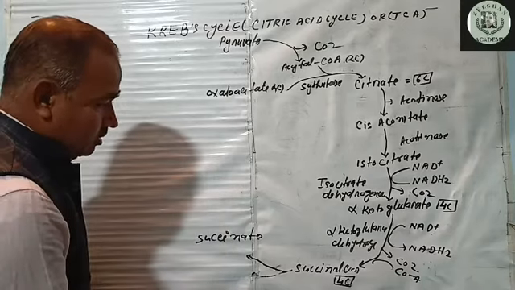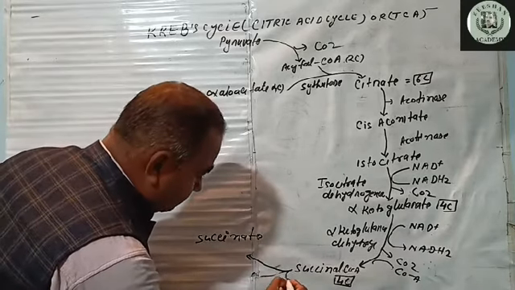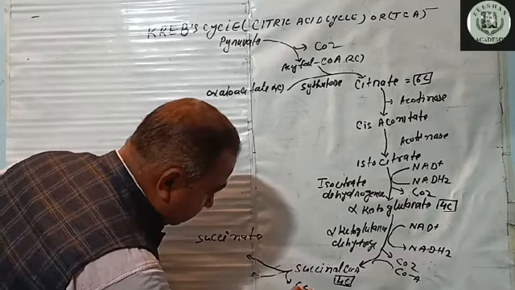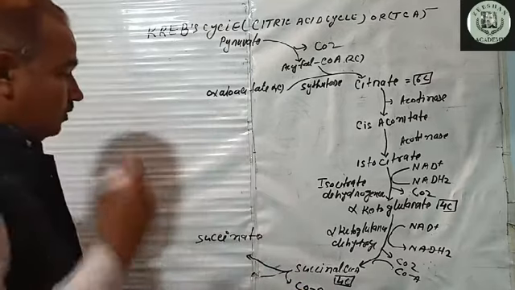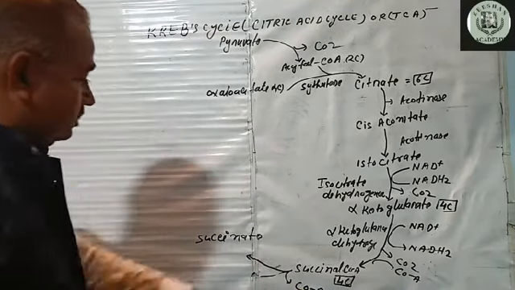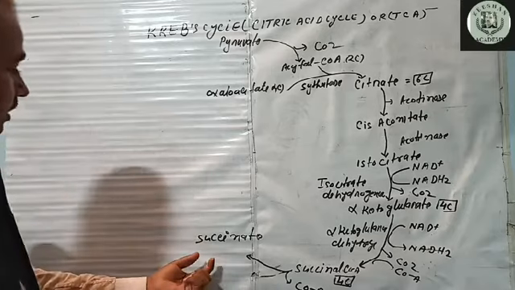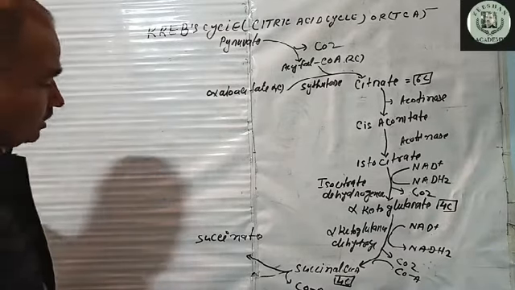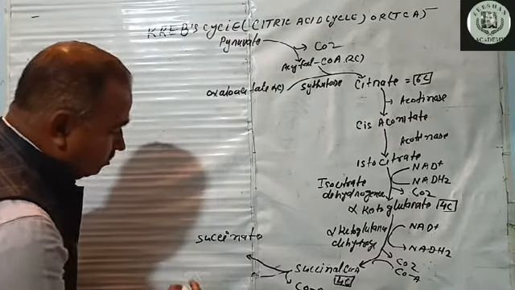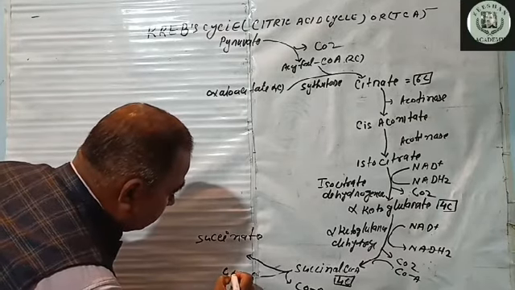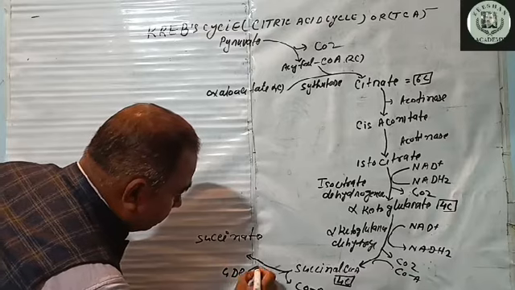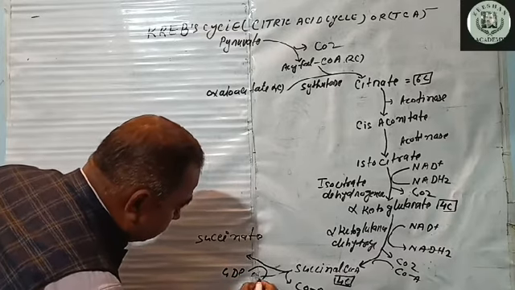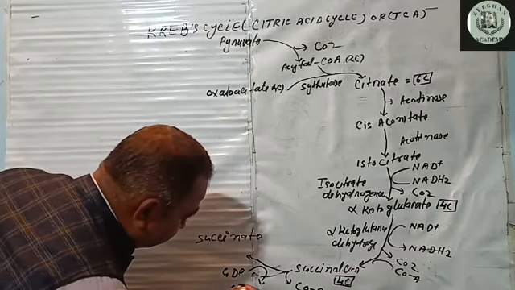Here the coenzyme is released from the succinyl and finally succinate is formed. Here once again 1 mole of GDP is converted into 1 mole of GTP.